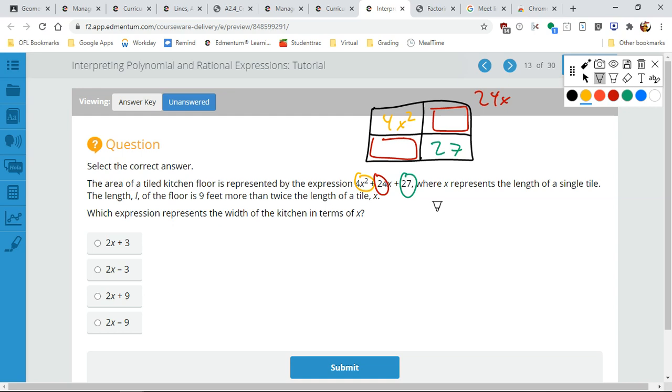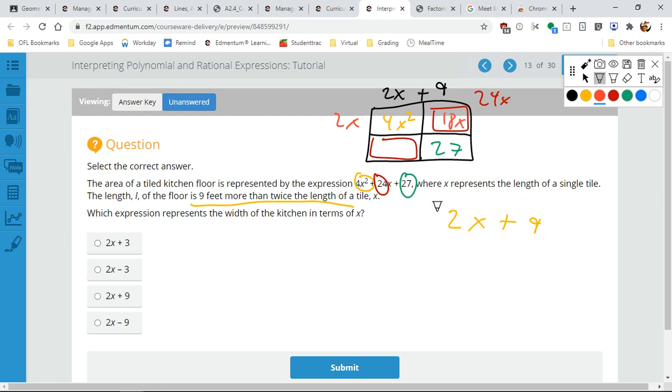So we know that the length of the floor is 9 more than twice the tile length. In other words, this is our 2x plus 9. Well, how are we going to get this 4x squared? I'm going to multiply 2x by this 2x. That gets us 4x squared. Well, what goes here? 2x times 9, that's 18x.